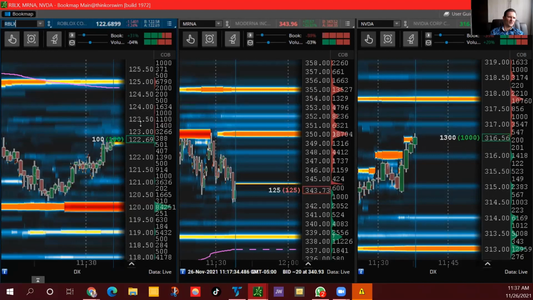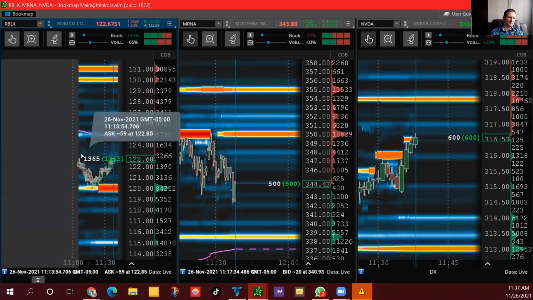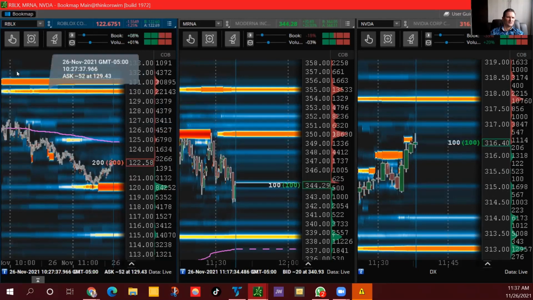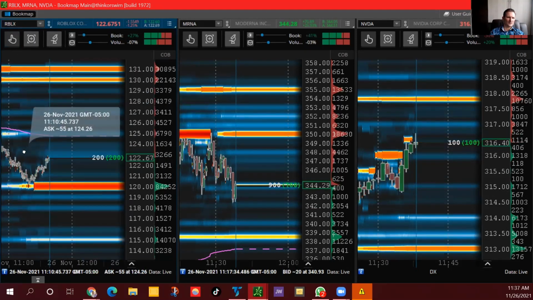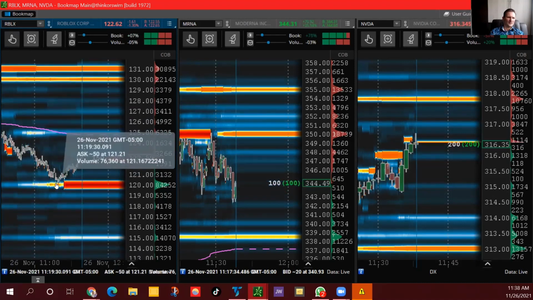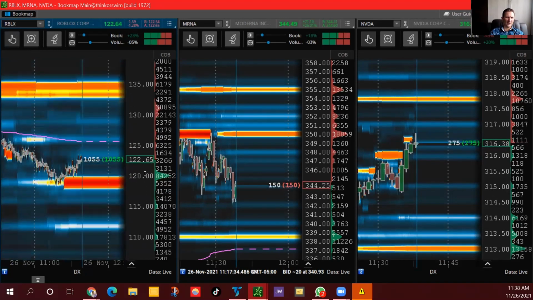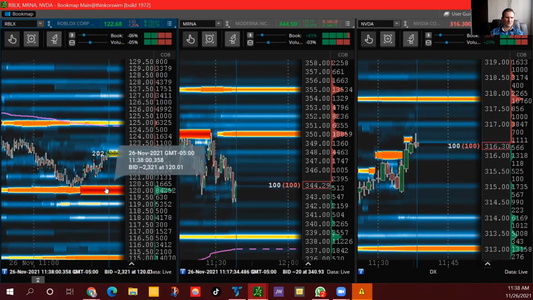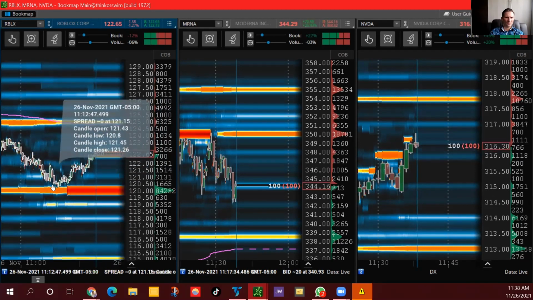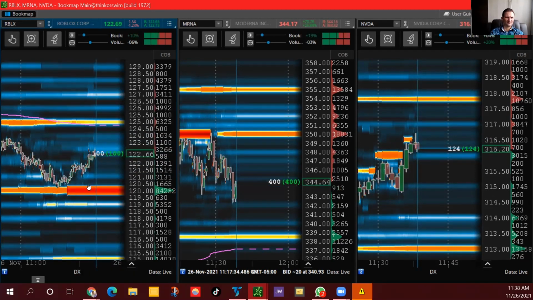All right, let's see here. Let's go back to Roblox. All right, what's happening on Roblox? Okay, Roblox. Man, I wish I'd have been on Roblox. See, Roblox had a huge level of buyers at 320, and sure enough, it bounces right out of them. So you see that? Get support candles. That's a nice entry.